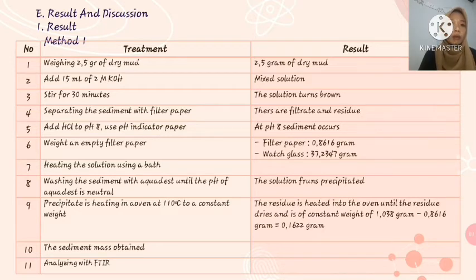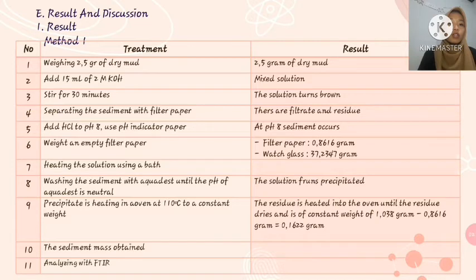The result: filter paper 0.800 grams, and watch glass 37.347 grams, and then heating the solution using a water bath, washing the sediment with the aqueous until the pH of aqueous is neutral.